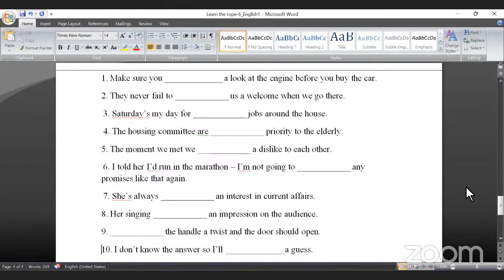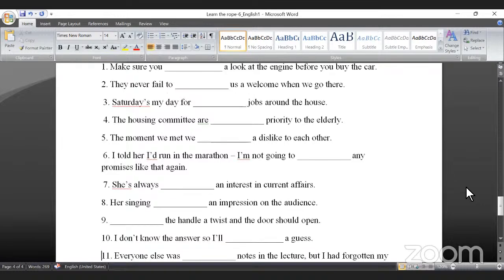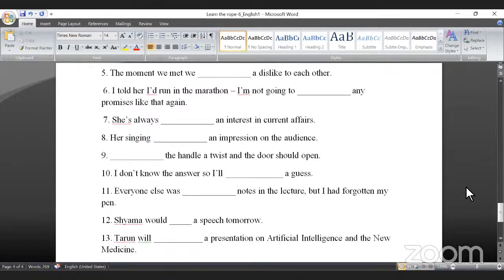Both correct. Eighth one: her singing dash an impression on the audience. Made an impression, correct. Made an impression on the audience. So make an impression is your big delexical verb phrase. Ninth one: dash the handle twist and the door should open.